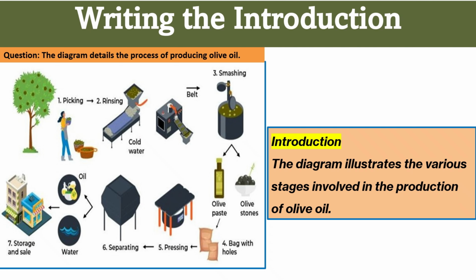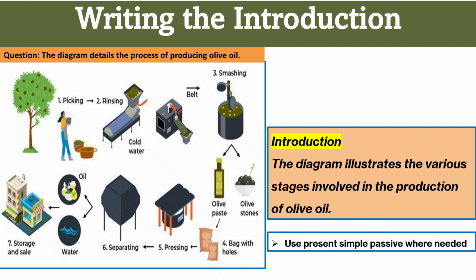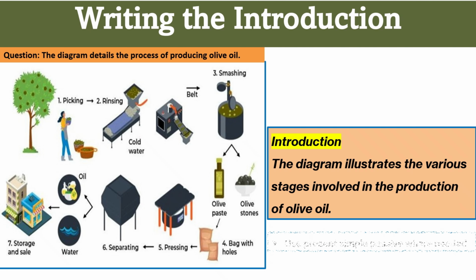This shows your ability to paraphrase, which is a key skill in IELTS writing. Finally, make sure to use the present simple tense, and especially the passive voice, since process diagrams focus on what happens, not who does it. Remember, your introduction should be short and clear. Just one sentence that tells the examiner what the diagram is about.